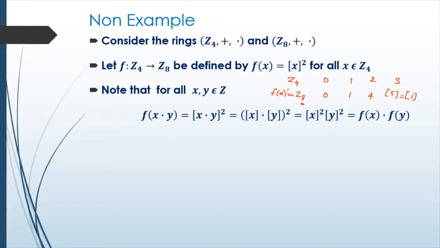So the mapped elements are these only which exist in Z8. So we may manually verify that f of x dot y is 0 into 1 is 0 and the corresponding elements when multiplied also give the result 0.